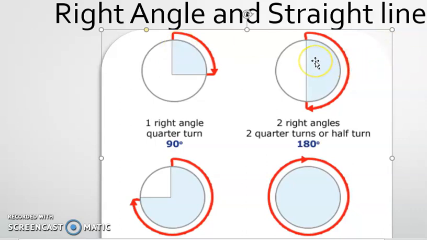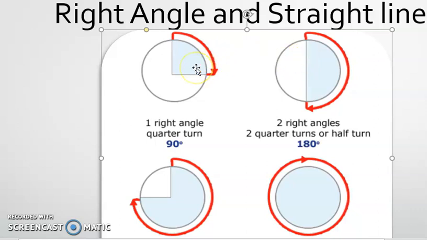This is 2 quarters in a circle. It means 2 right angles, and we have to add 90 plus 90, which equals 180. It means 2 quarters of a circle, 2 right angles, and 180 degrees.